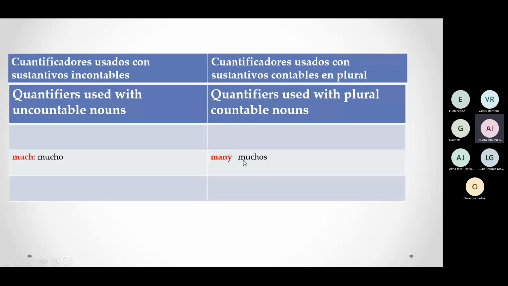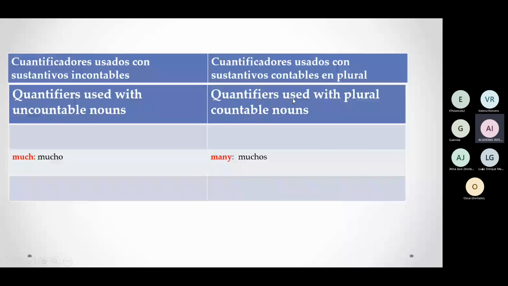Many. And that means muchos. But what is the difference? Los cuantificadores usados con sustantivos incontables: much, solo much. Cuantificadores usados con sustantivos contables en plural. Quantifiers used with plural countable nouns.